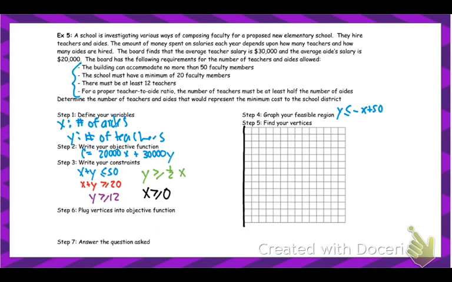Let me go ahead and label my graph here. So 50 would be up there, and same thing, I'll count by 5s on the other side. If I'm doing y is less than or equal to negative x plus 50, that would be right here.